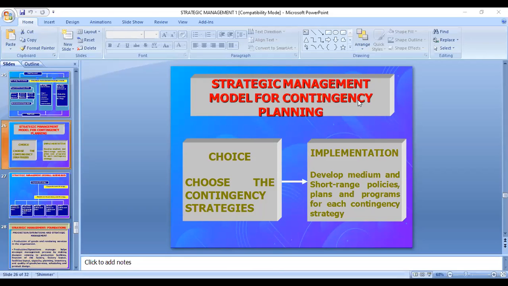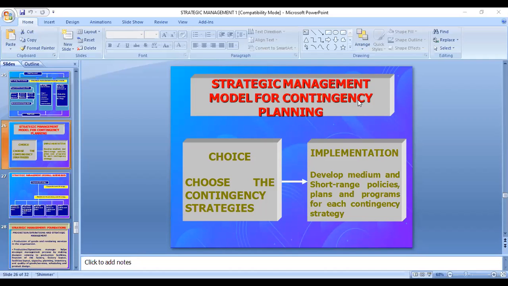Already every company has its activities and strategies for dealing with awkward or difficult situations. So what are the various strategies? There are different strategies, but out of that, you will choose a particular strategy to deal with the contingency, which we call a contingency strategy.